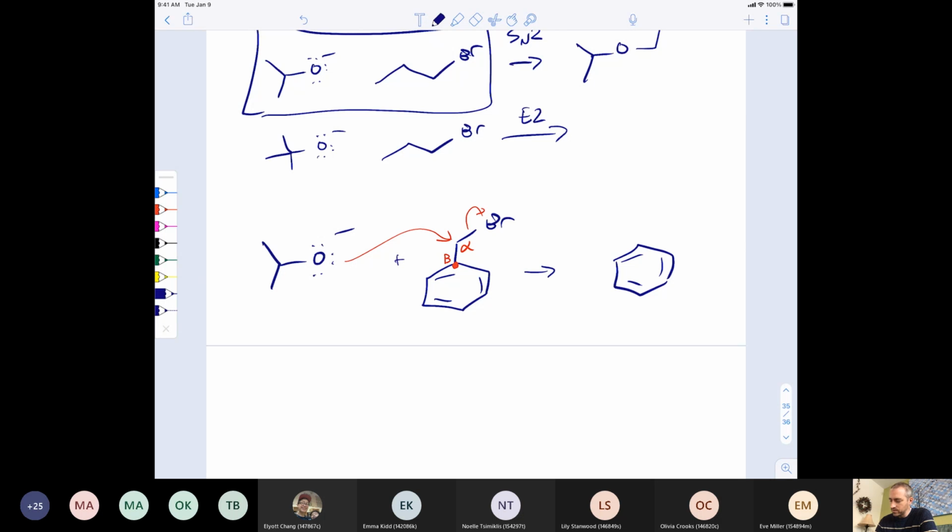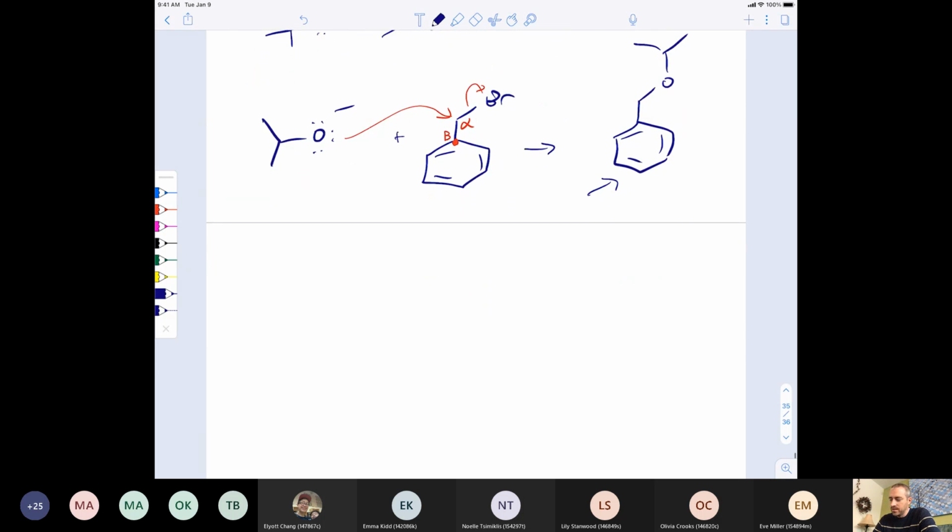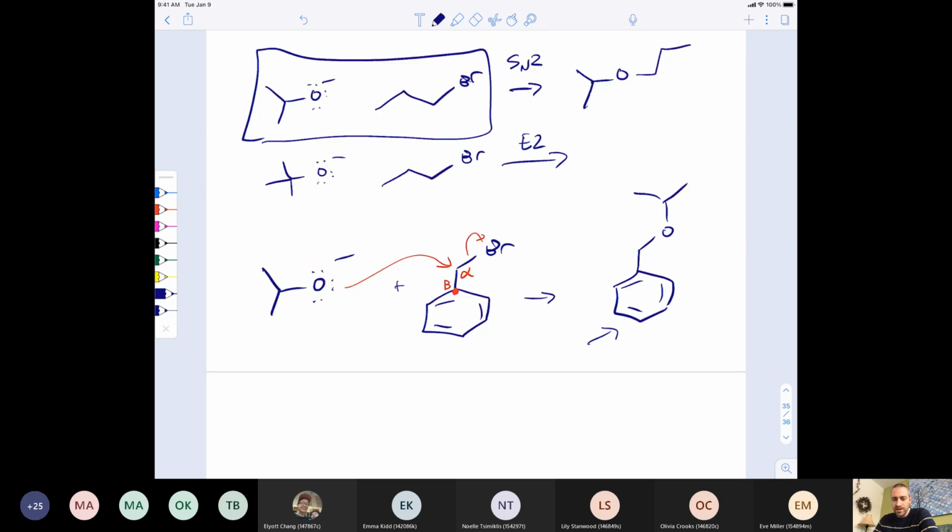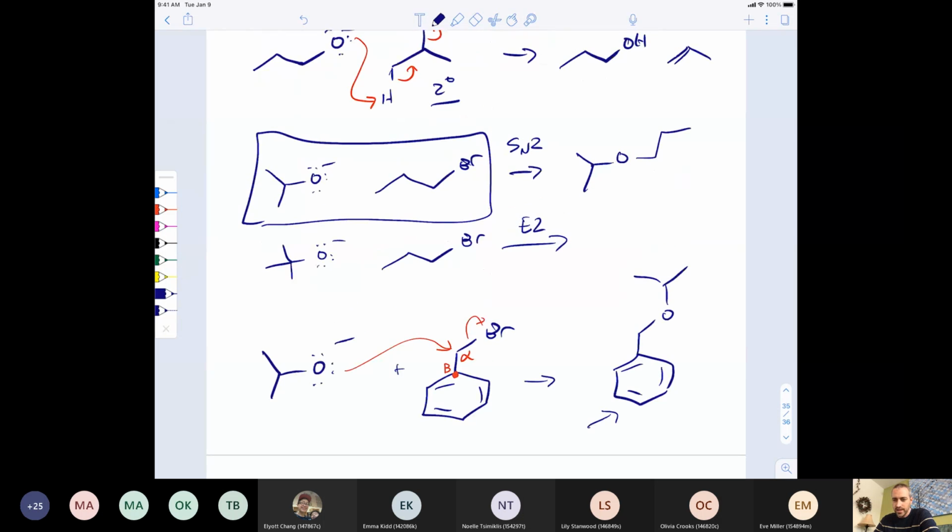Now we didn't really use many examples with phenyl, and there's none on the exam either. So you don't have to worry about it, but just so you know, Williamson ether synthesis becomes more useful. There's a wider variety of reactions you can do when you move away from just straight alkyl chains.